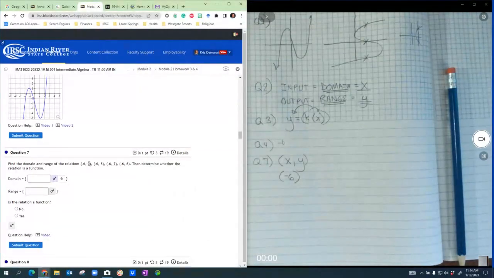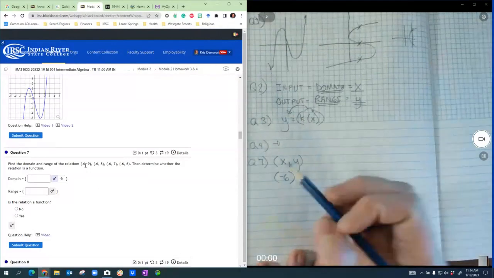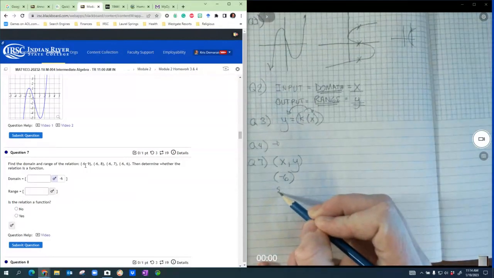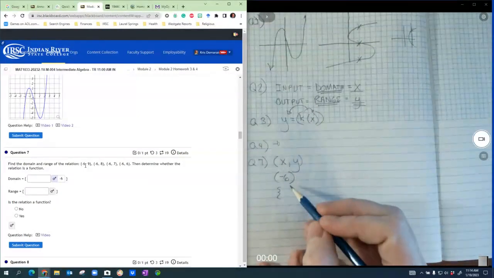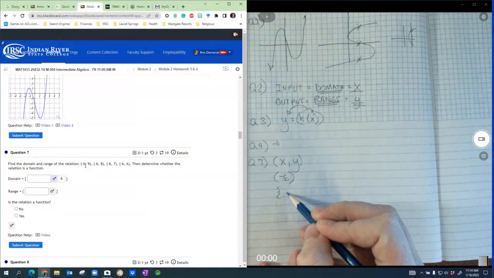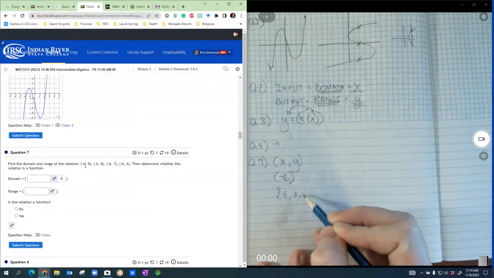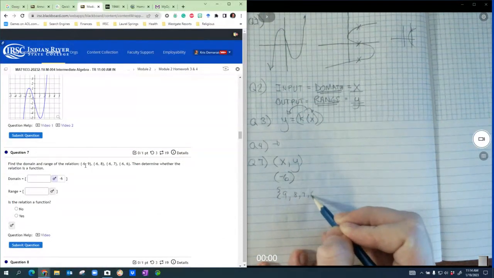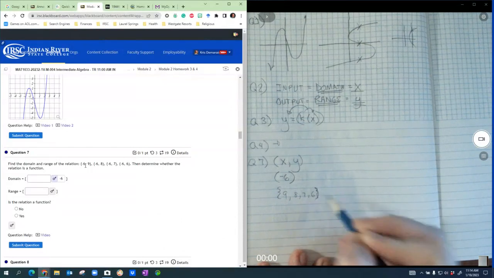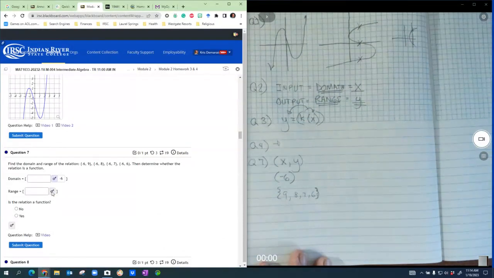Now the output values, we don't put them in parentheses like that. We put them in braces: 9, 9, 8, 7. The order in which you put them should not matter, but it is nice to put them in order from least to greatest.